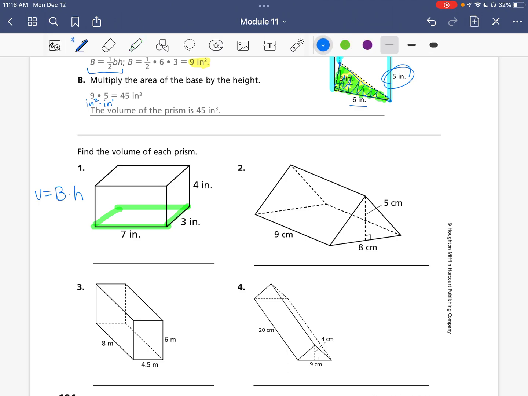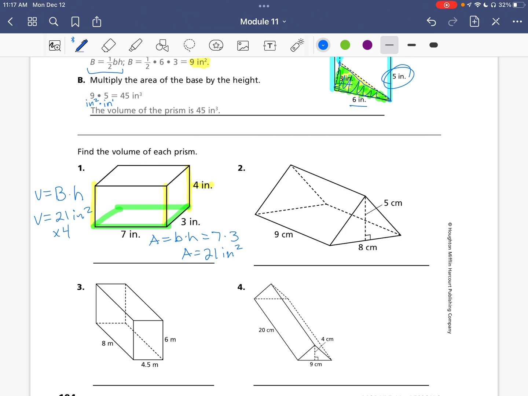The formula for the area of a rectangle is area equals lowercase b times height. 7 times 3 is 21 inches squared. Okay, we're not to cubed yet. So we're going to take that over here, 21 inches squared times our height. So here our height is 4 inches. That's how tall our prism is here.